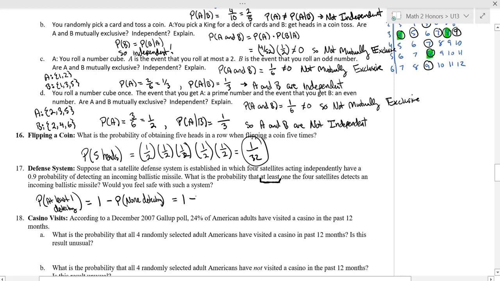They have a 0.9 probability of detecting, so the probability of not detecting would be 0.1. So 0.1 times 0.1 times 0.1 times 0.1. The first one fails, second one fails, third one fails, and the fourth one fails. So that's 1 minus 0.0001, which comes out to 0.999, a pretty high probability.